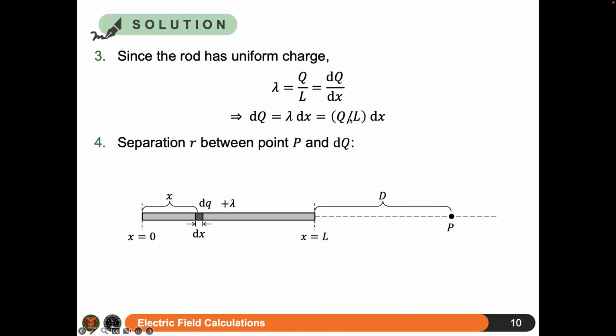Now the separation r between point P and dq, so what will be our separation distance? If this is distance d, and this is distance L, and this is distance x, so we just have L plus d minus x, right? So this is x, so this distance will be L minus x, okay? Why can't I draw?